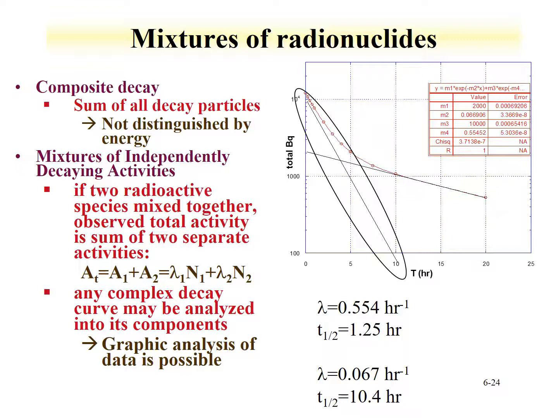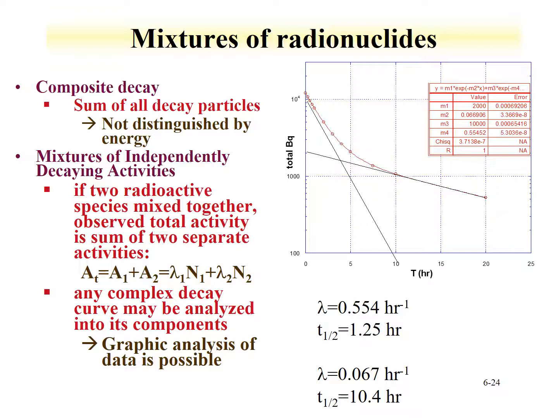In fact, with this equation here, we expand the N at time t equation to say that the initial activity of isotope 1 and the initial activity of isotope 2, expand that so that the initial activity e to the minus lambda t for isotope 1, plus initial activity e to the minus lambda t for isotope 2, we can solve both the initial activity and the decay constant through this curve.